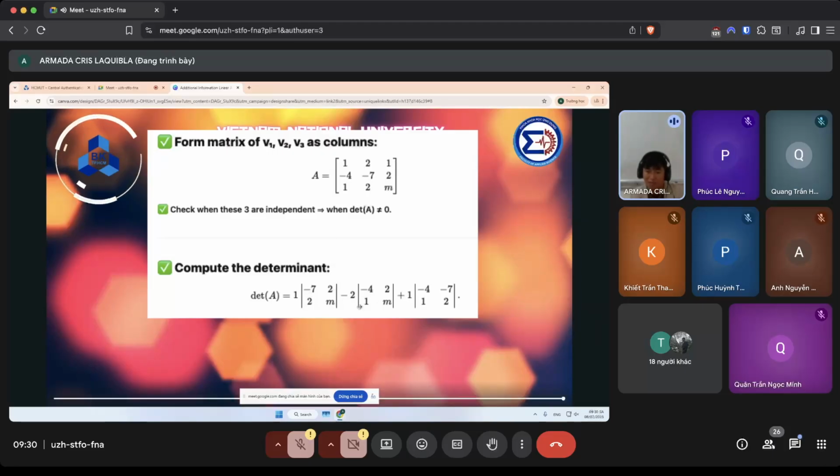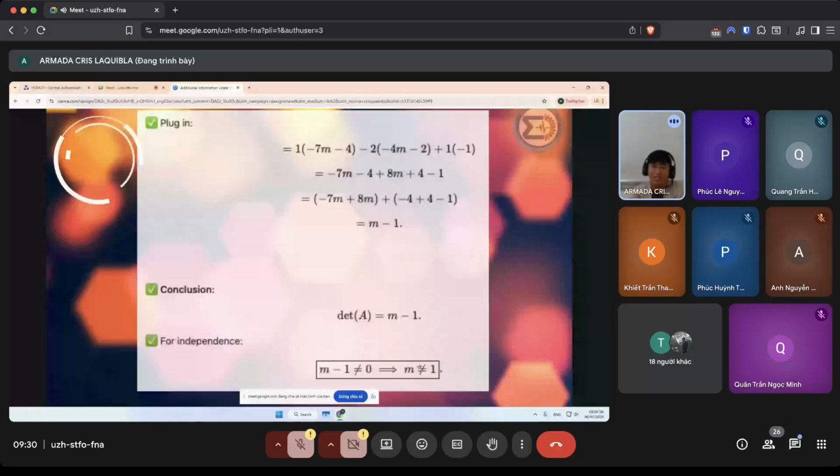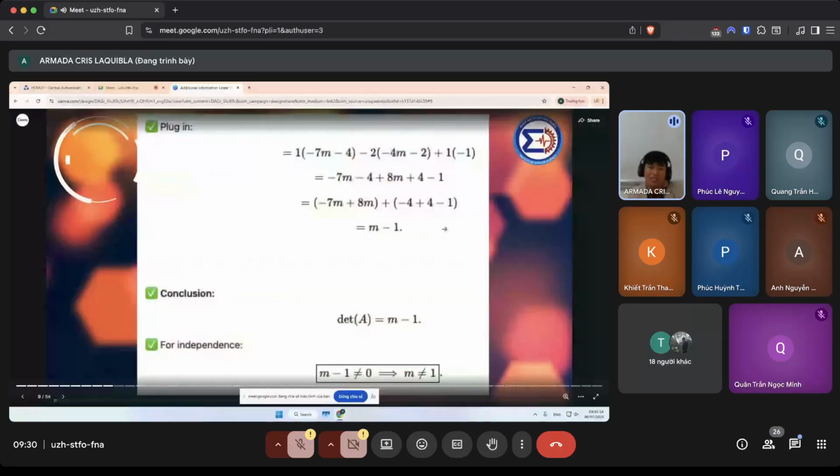Then this one is -4m minus 2. And then this one is -8 plus 7. Correct? It is -8 plus 7 because this is minus -7 here. So it becomes -1. So -7m minus 4 and then -4m minus 4.